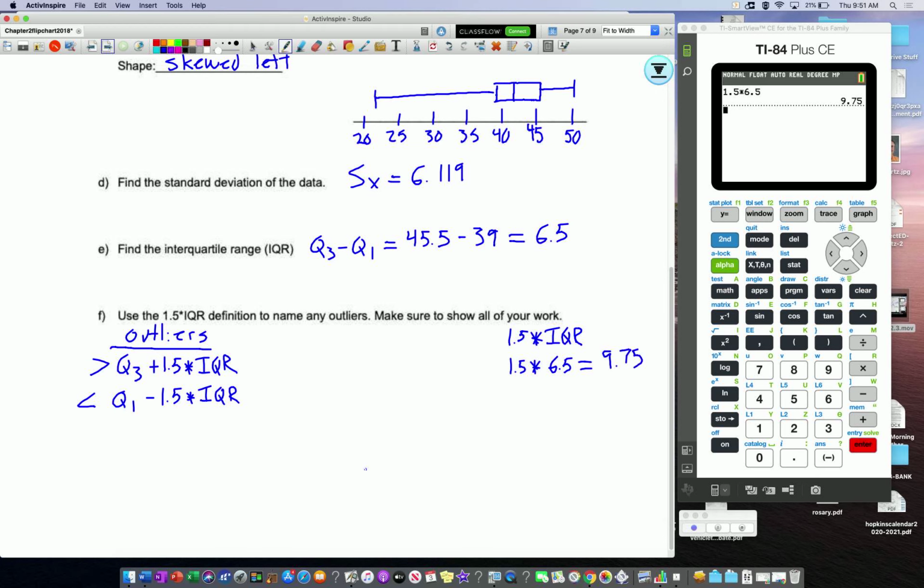So what's going to happen is I'm looking for values that are greater than Q3, so 45, whoops, forgot the point, 45.5 plus 9.75, which is 55.25, or less than Q1, which is 39 minus 9.75.